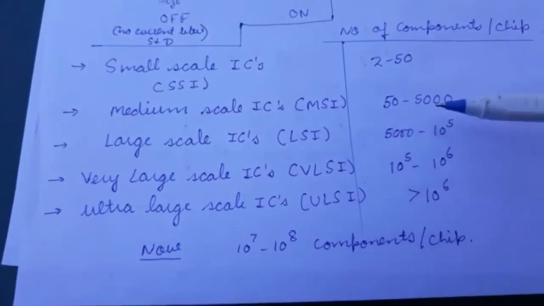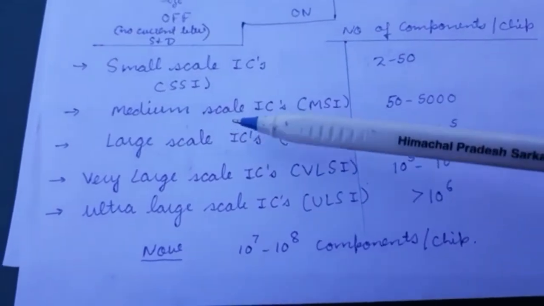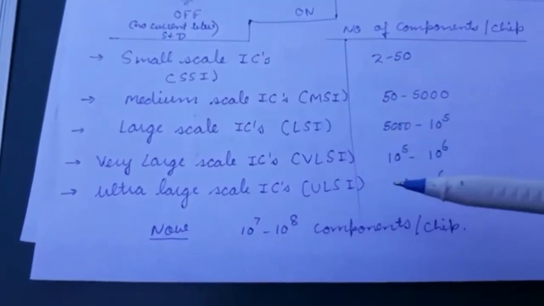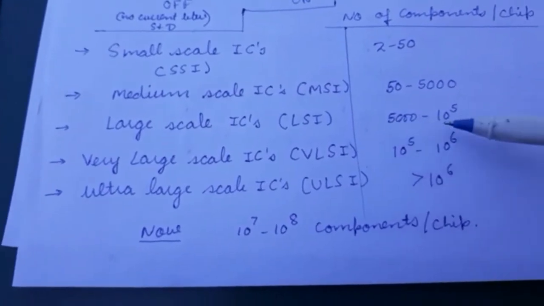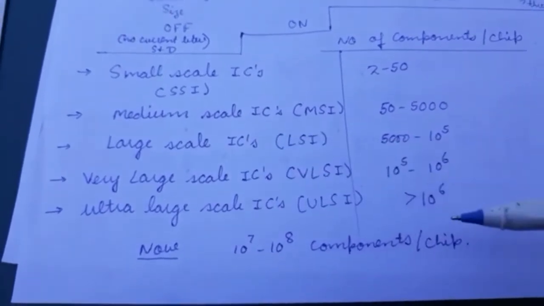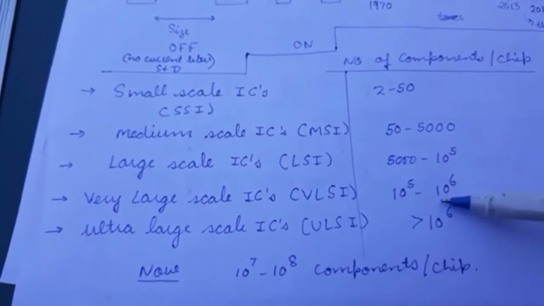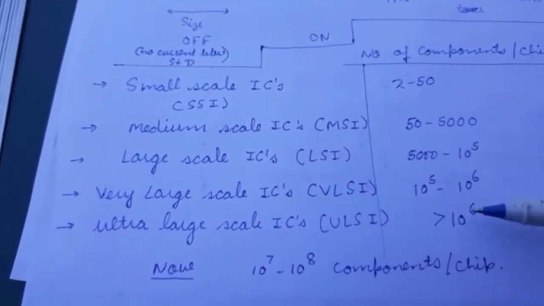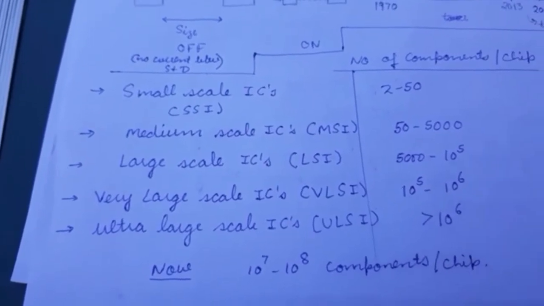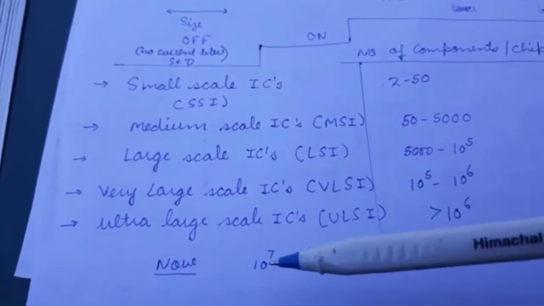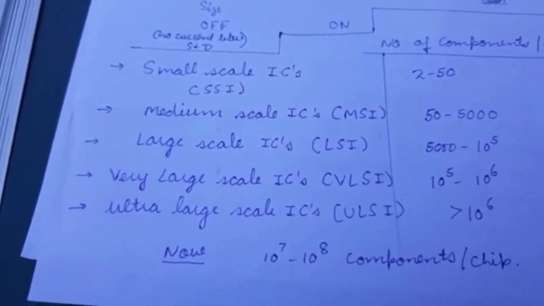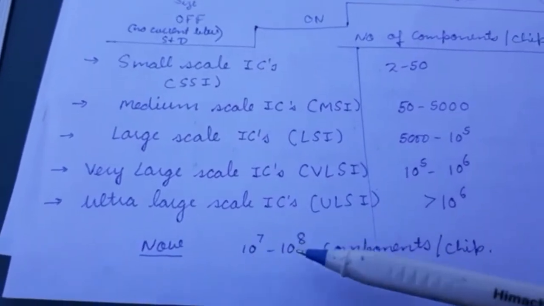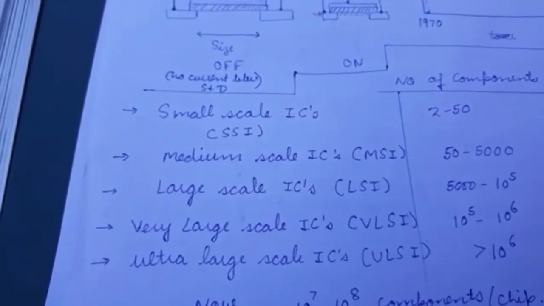And then 50 to 5000 was called medium scale integration, while 5000 to 10 to the power 5 is large scale integration, and 10 to the power 5 to 10 to the power 6 is very large scale integration, and greater than 10 to the power 6 was ultra large scale integration. So now we have actually crossed ultra large scale integration also, because around 10 to the power 7 to 10 to the power 8 components on a chip can be fabricated.